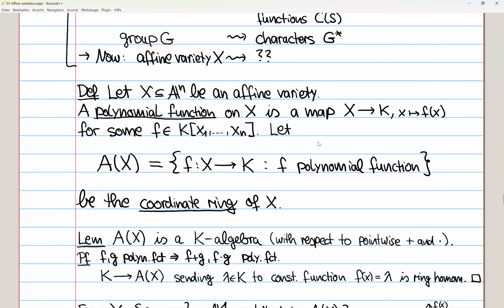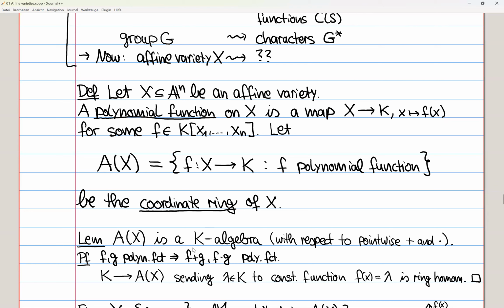To see that this is well defined, you just observe that if f and g are given by some polynomials, which we denote by the same letters, then their sum and their product are still given by a polynomial, by just taking the sum or the product of these polynomials. So here we basically just use that the original ring is closed under addition and multiplication.